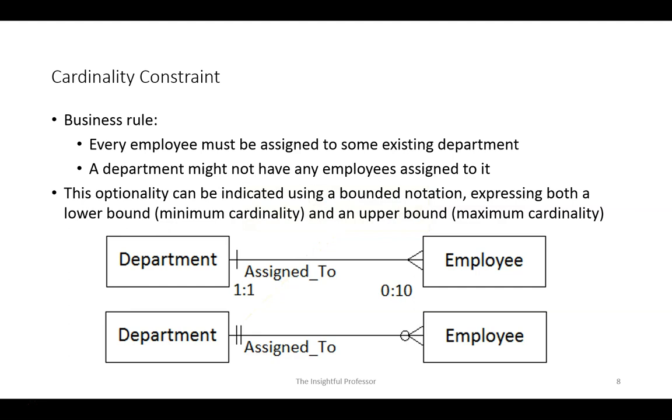Although these two notations differ in diagramming methods, it's important that we have some means by which we can indicate optional and mandatory participation of entity instances within a relationship. The importance of being able to express these subtle semantics becomes more significant when we transform the conceptual model to a relational model, that is, to a set of tables. Such semantics dictate things like the delete rules for foreign keys.